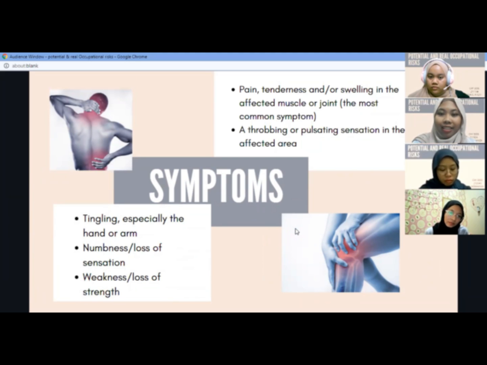Next is tingling, as in the definition said just now, especially in the hand or arm. Next is numbness or loss of sensation, and lastly weakness or loss of strength.